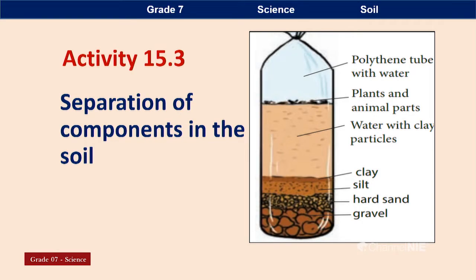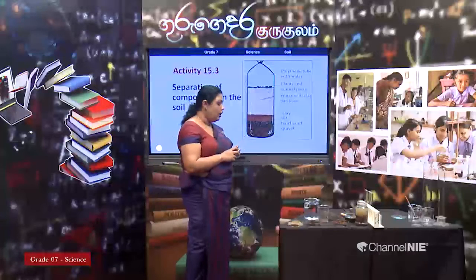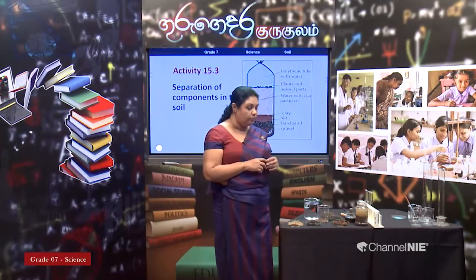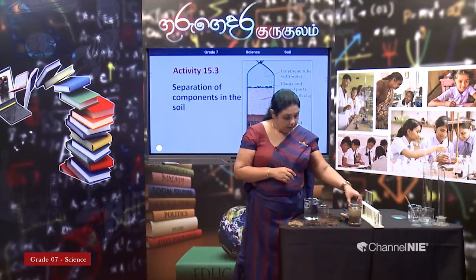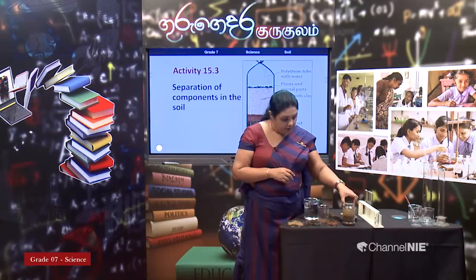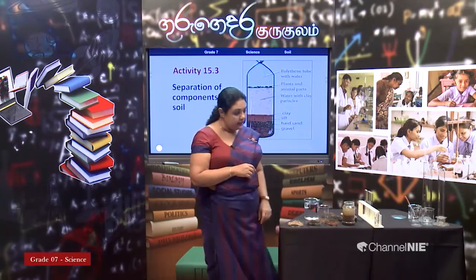Fill that polythene bag, or you can take a long water bottle, anything you can take. Mix it very well, keep it to settle down. I have done that a little bit before, and you can observe that well here. The different parts, different layers are found.